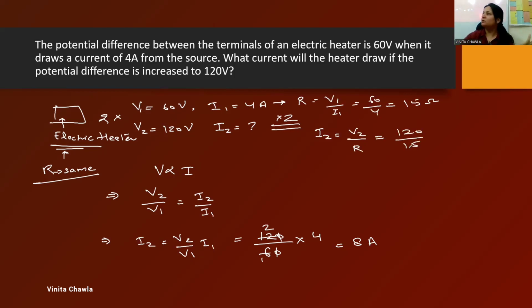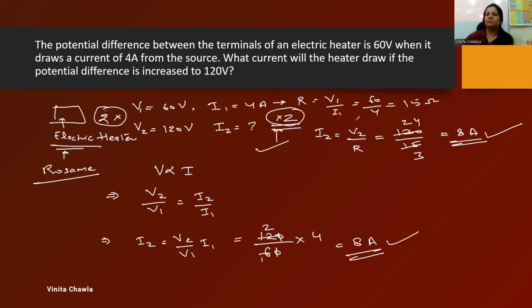You can do like this also. So you can do it this way too. In the third way, if the voltage is doubled then the current is also doubled. So there are 3 ways. In different ways you can solve this problem.